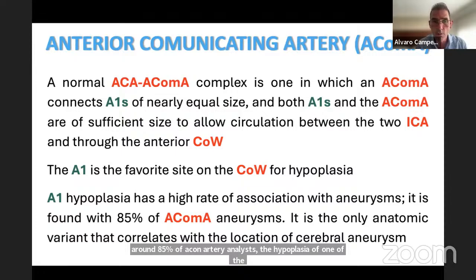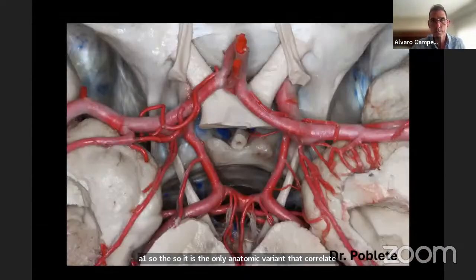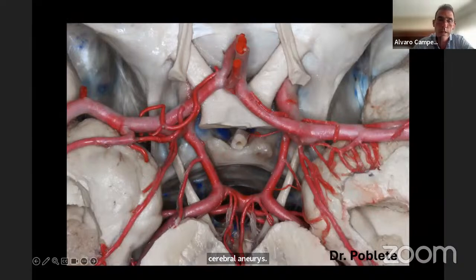So it is the only anatomic variant that correlates strongly with the location of cerebral aneurysm. Usually when we study the circle of Willis, we think about the normal one. But in relation with an aneurysm, one of the two A1s is smaller than the other.